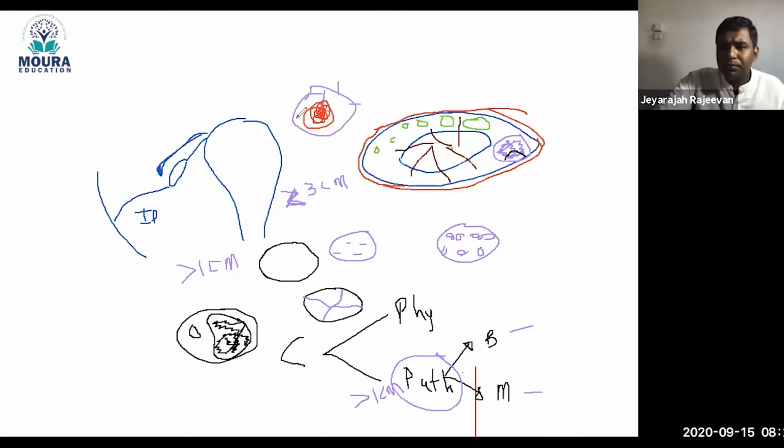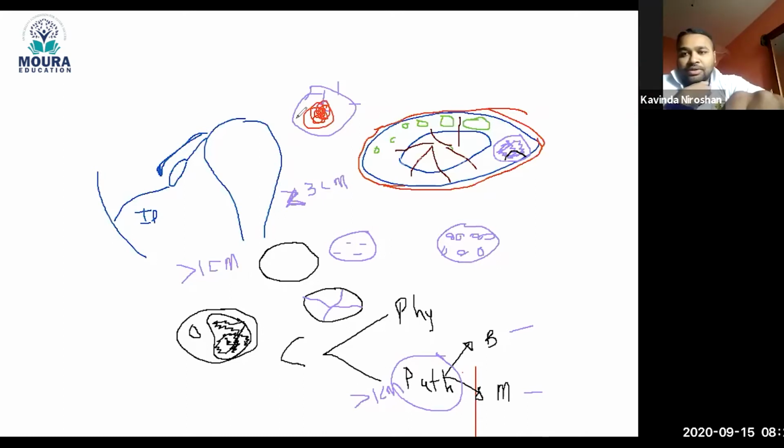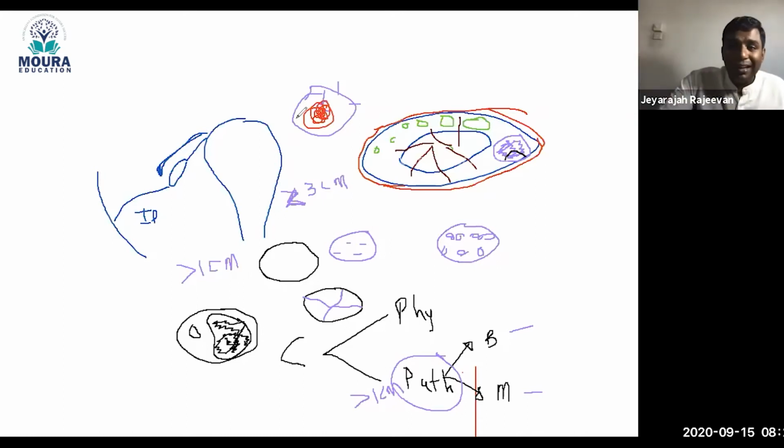Nulliparity. Right, nulliparity. If somebody doesn't have a baby, then the risk of malignancy is high. If somebody is ovulating many times, what will happen?